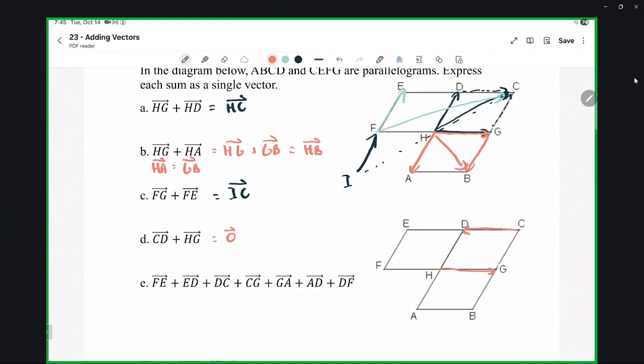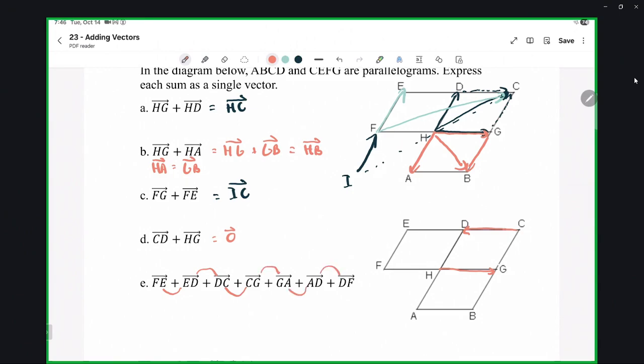And for this last one, we have vector FE plus ED plus DC plus CG plus GA plus AD plus DF. So we want to add those all together. So what do we do here? Seems like a lot to sketch, right? And if you notice here, we have ED, DC, CG, GA, AD, DF.